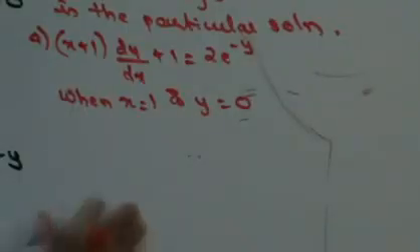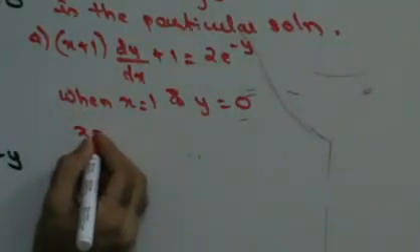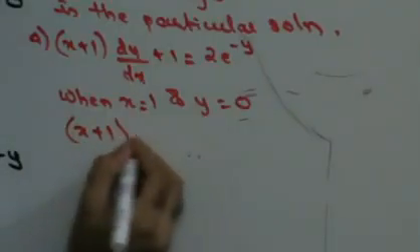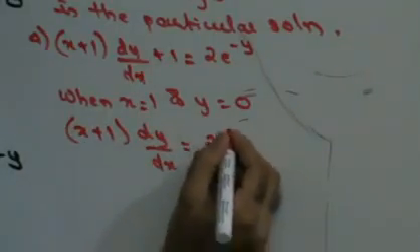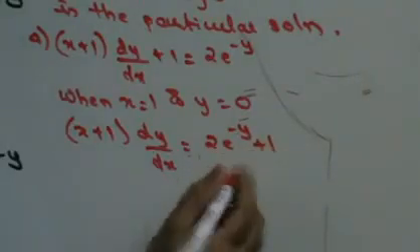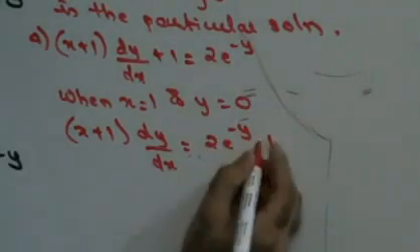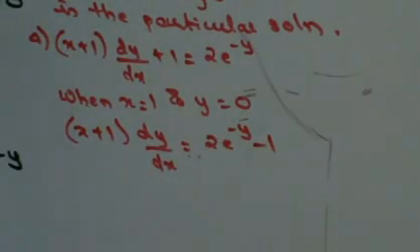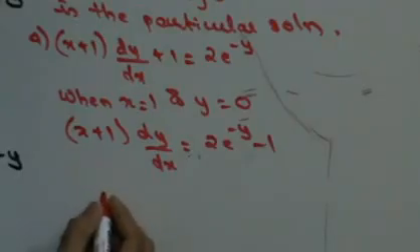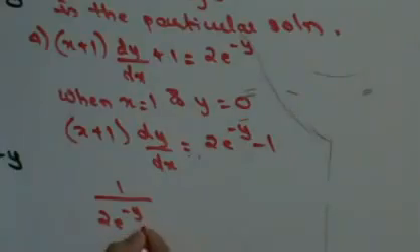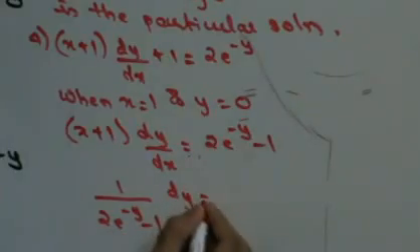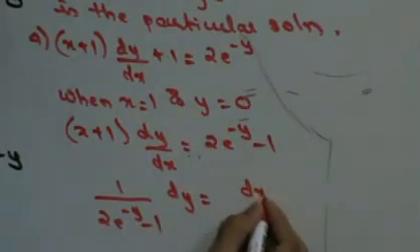I can say that x plus 1 dy by dx is equal to 2e raised to minus y, no, not plus 1, this will be minus 1. Right? Once you have this, then I can therefore say that 1 upon 2e raised to minus y minus 1 dy is nothing but dx upon x plus 1, cross multiply.